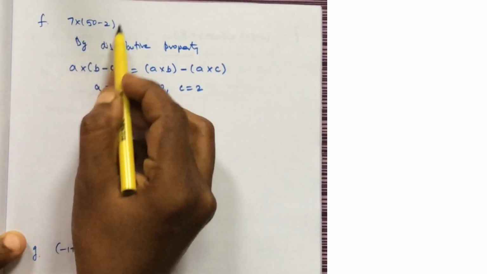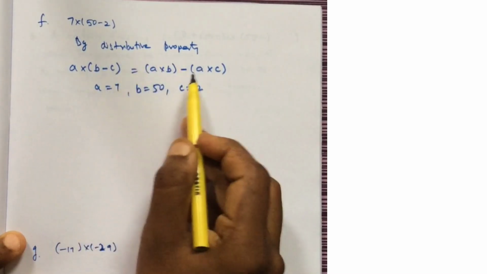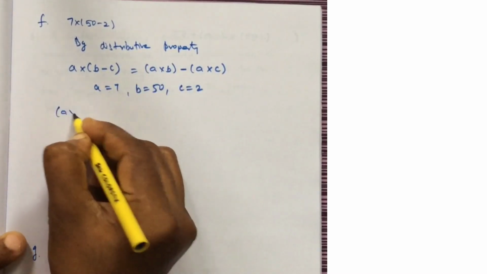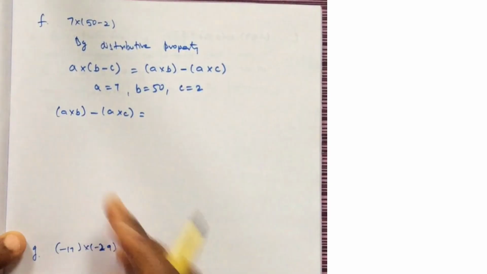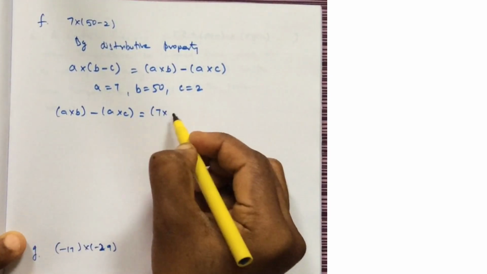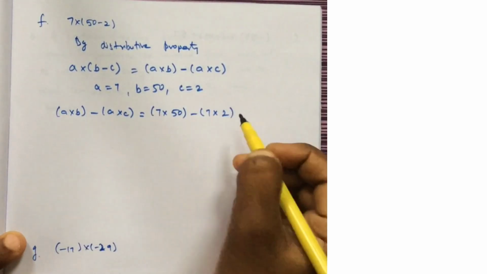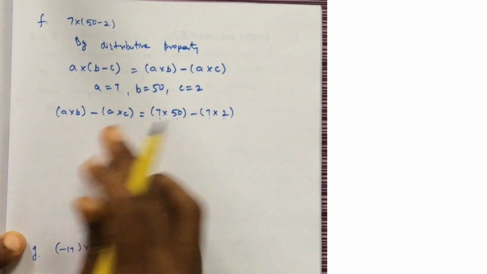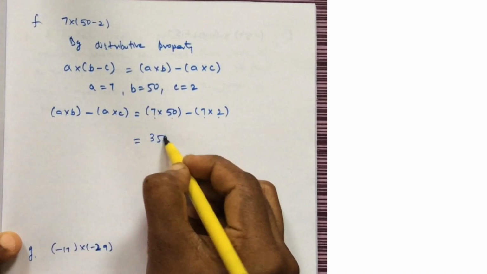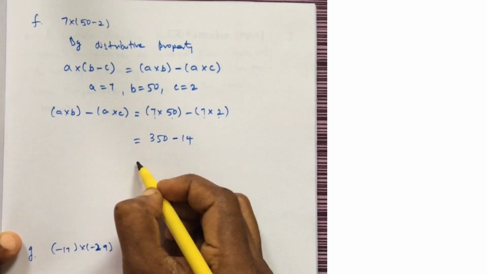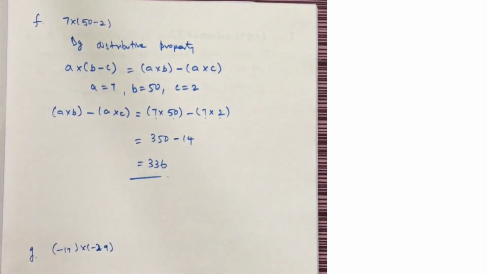The question is in this form, a multiplied by b minus c. Now we have to change to this form, a multiplied by b minus a multiplied by c. That is 7 multiplied by 50 minus 7 multiplied by 2, that is equal to 7 5s are 35, 0, minus 14. 350 minus 14 is 336. Okay, this is very simple.